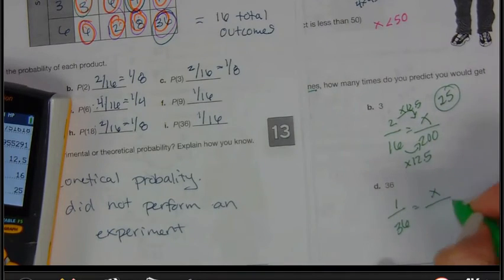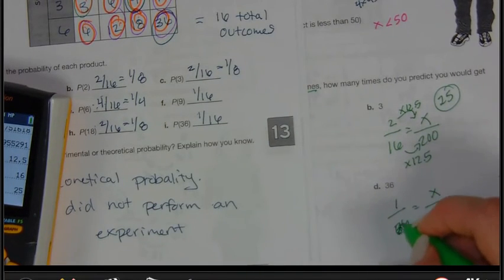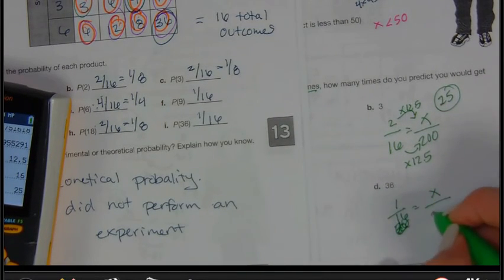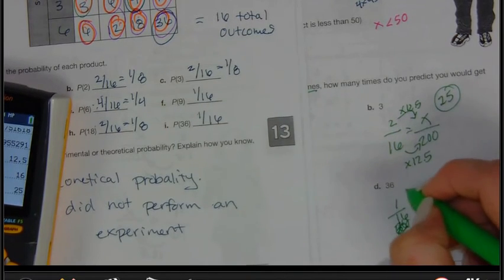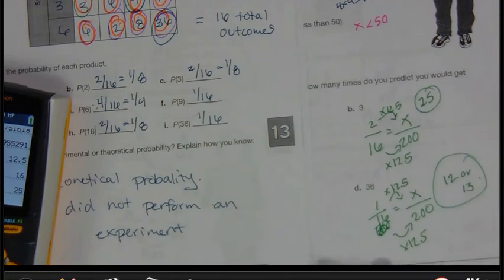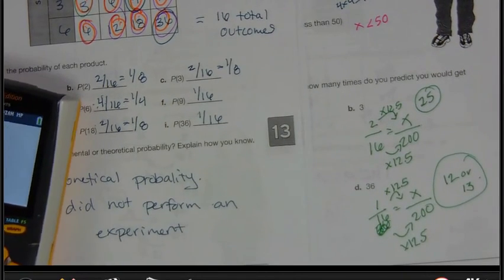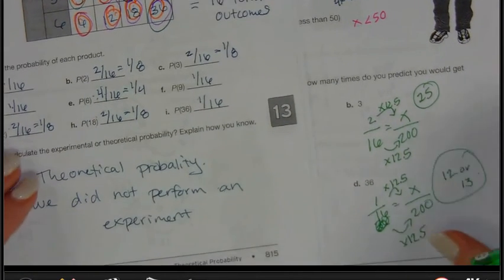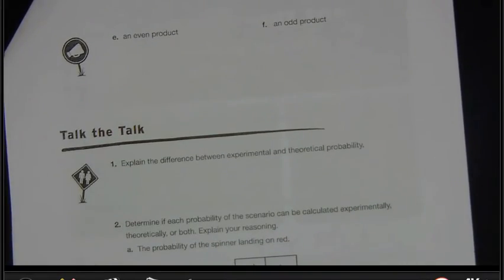And then for the product of 36, out of 16 times, that one's going to be a little interesting because you can land on it 12 or 13 times. Okay, you can land on it 12 or 13 total times. And then the last two, it's saying what's the probability of an even product and the probability of an odd product.